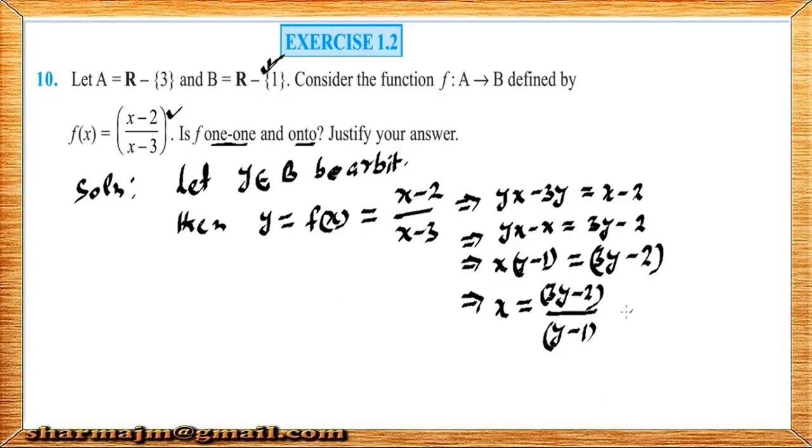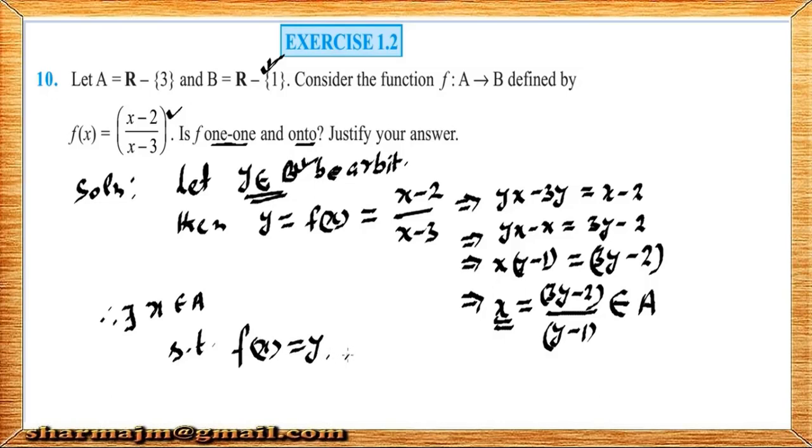So this x is in A. You have seen that any arbitrary element in the codomain has its pre-image. So there exists x in A such that f of x is equal to y. Therefore f is an onto function.